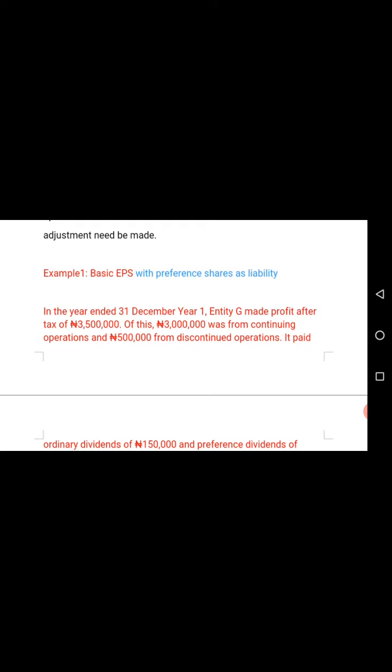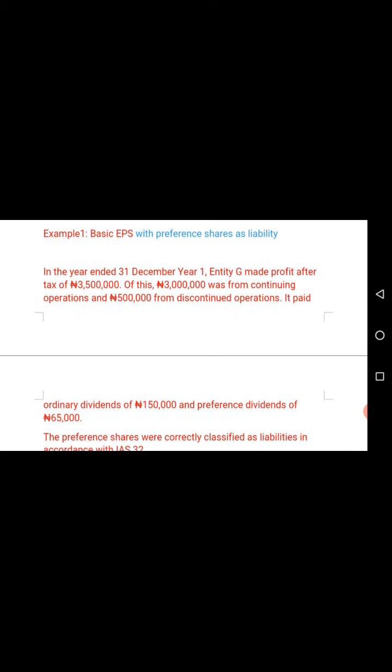Now, we are only concerned with the continuing operations, and it further says ordinary dividend of 150,000 and preference dividend of 65,000.